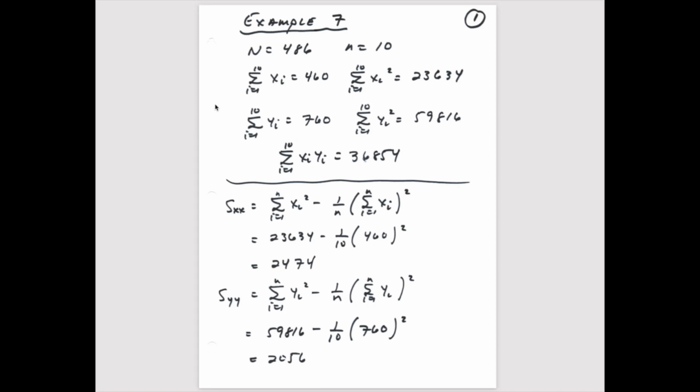Now, from the summary statistics, we can calculate the corrected sum of squares for the x's, s sub xx, and also the corrected sum of squares for the y's, s sub yy.